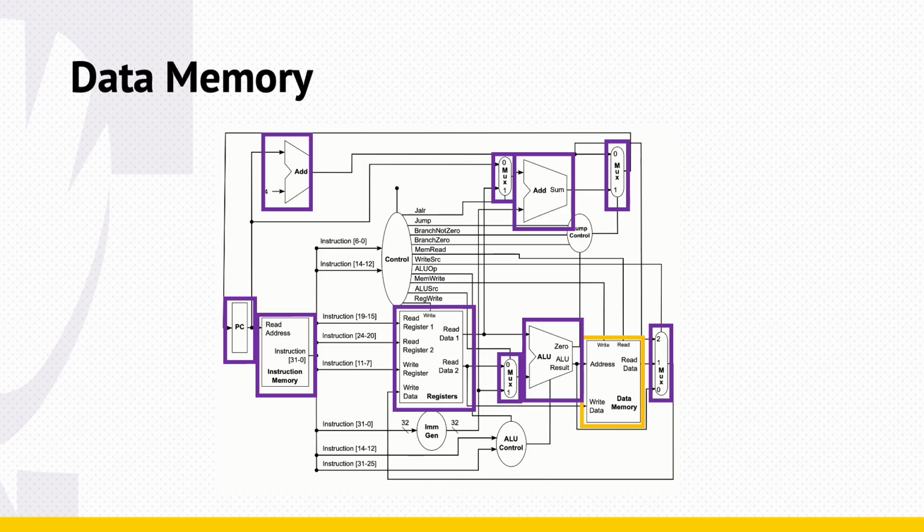Okay, so we've seen the program counter, we have seen the register file. Now we're going to take a look at data memory. Before we do, data memory is almost identical to, in concept, the registers. The main difference is how they are routed to the ALU.